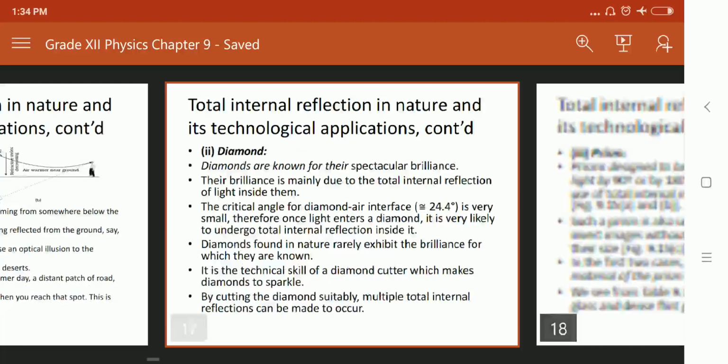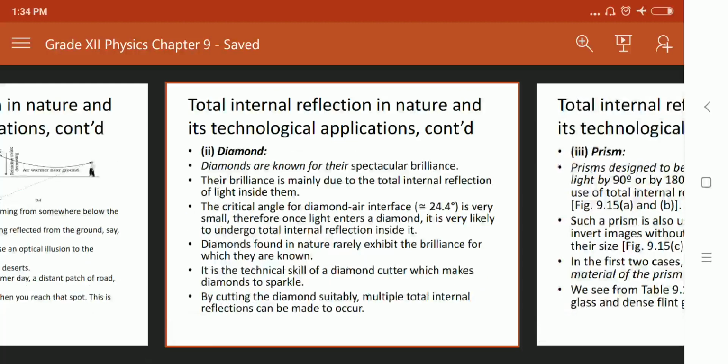The second practical application is the diamond. Diamonds are designed in such a manner that total internal reflection of the light is possible. For that, the critical angle we observed, the minimum critical angle in the table we went through in the earlier topic, is 24.4 degrees, which is small.